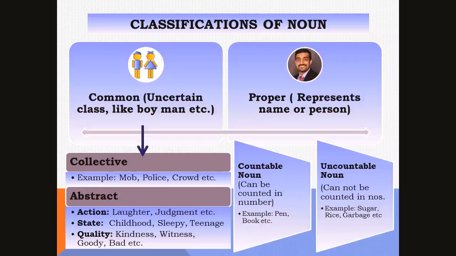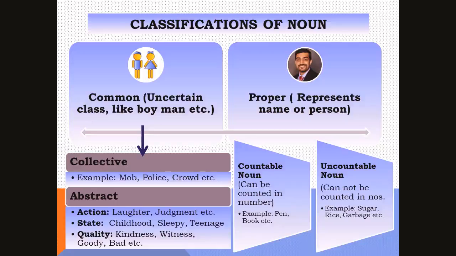When you are judging something, that is the verb, judging something. But when you are saying, the judgment is the perfect way to clarify any discussion, the judgment here is representing a noun. So judgment, laughter, look like verbs, but these are abstract nouns, you can say.